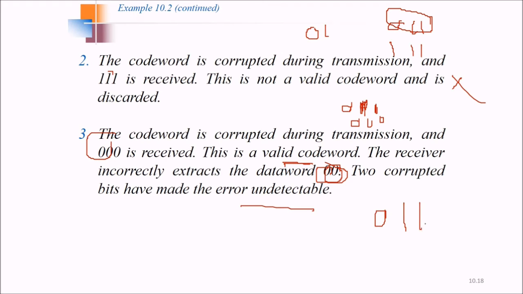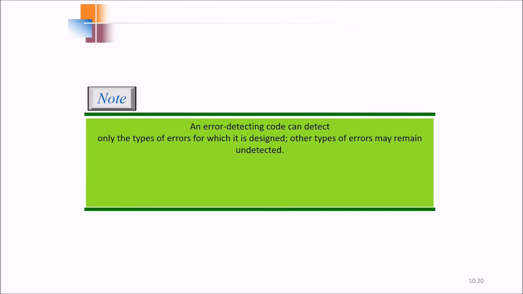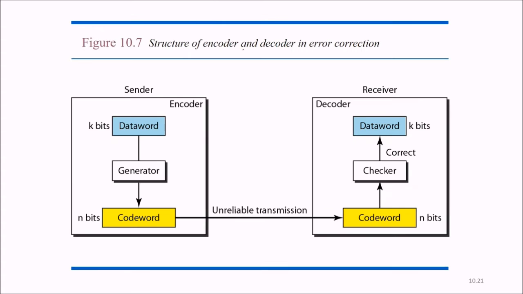So 011 needed to be sent for 01, but the code word which came was 000. So there is a change in 2 bits, that is, one has changed to 0 and another has changed to 0. So actually 000 was received, and the receiver assumes 00 to be the correct one. So an error detecting code can detect only the types of error for which it is designed. Other types of errors may remain undetected, as we have just seen.